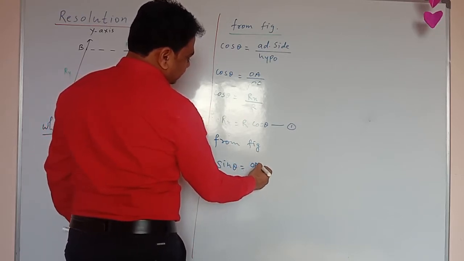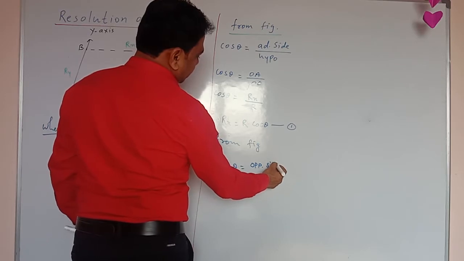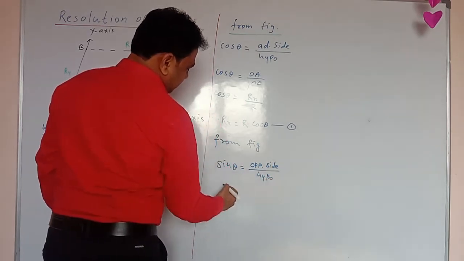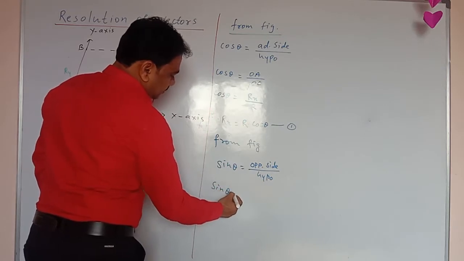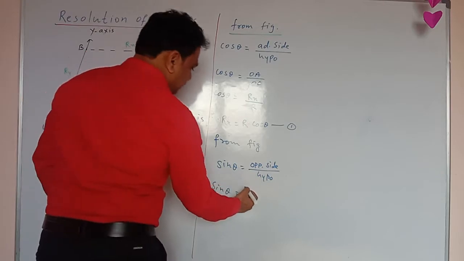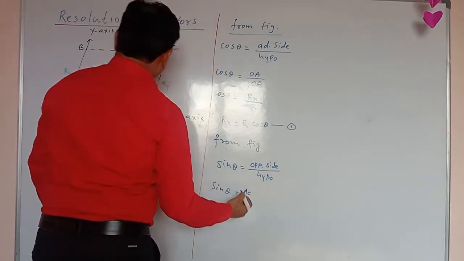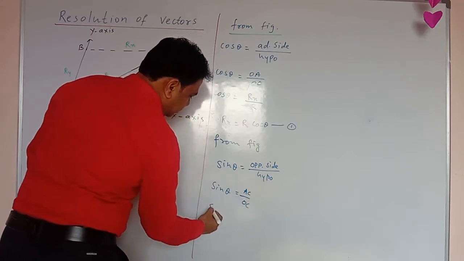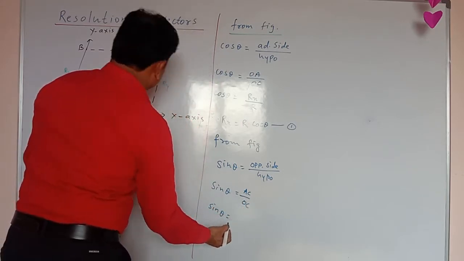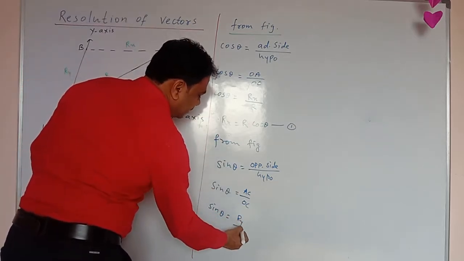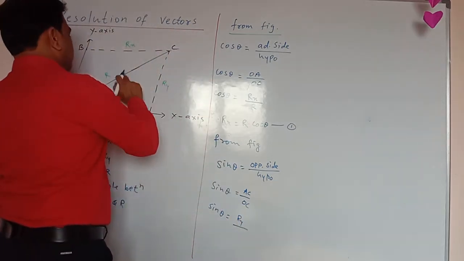Opposite side upon hypotenuse. So sin theta is equal to opposite side, that is AC, upon hypotenuse, that is OC. So sin theta is equal to AC. What is AC? That is Ry, and OC, that is hypotenuse, is R.